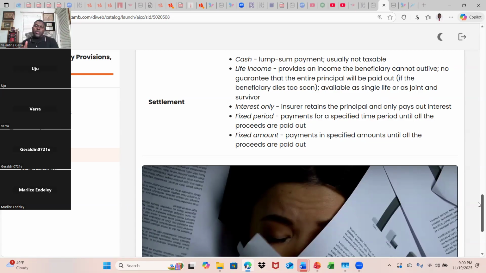You also have interest only. Somebody can have a policy that has a death benefit of $20 million. But if he dies, he wants you to use that $20 million to set up an investment or an annuity where they pay only the interest to his children, grandchildren, and great-grandchildren.